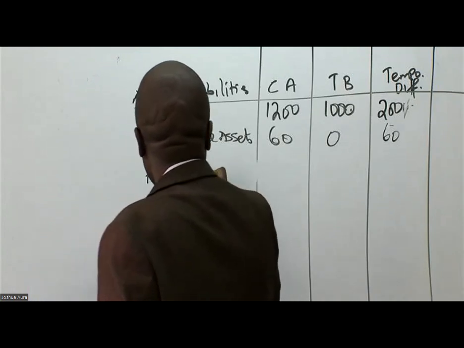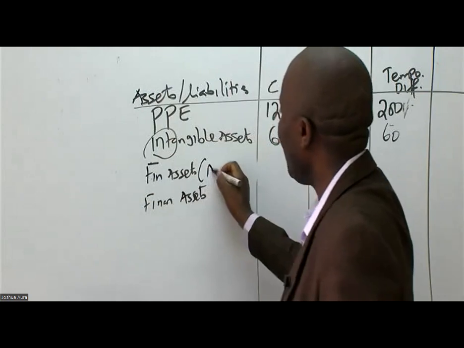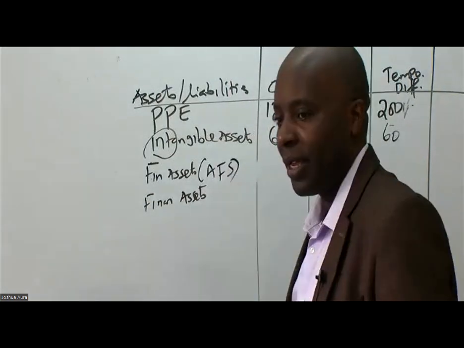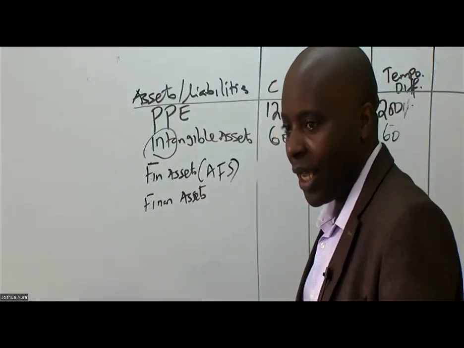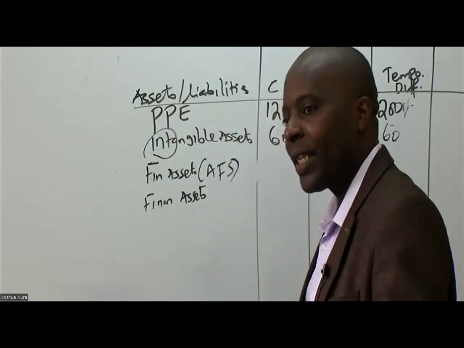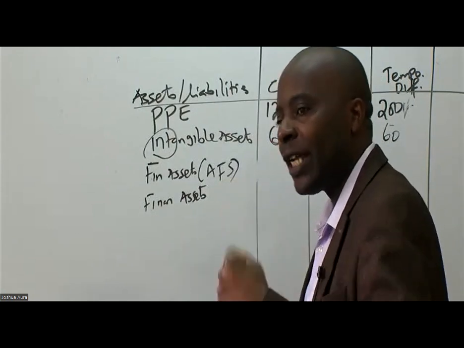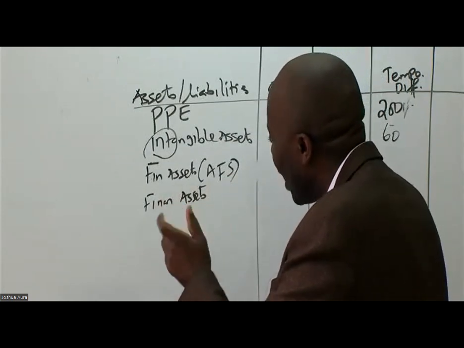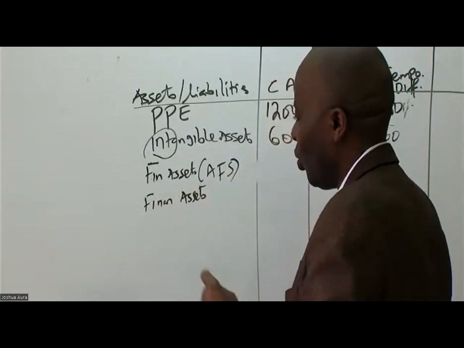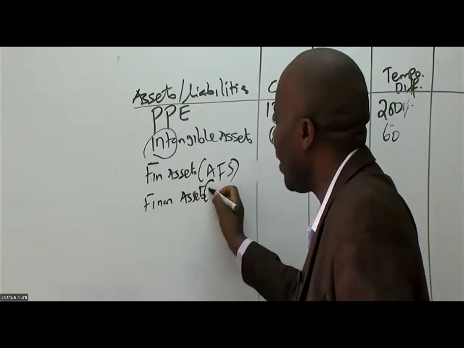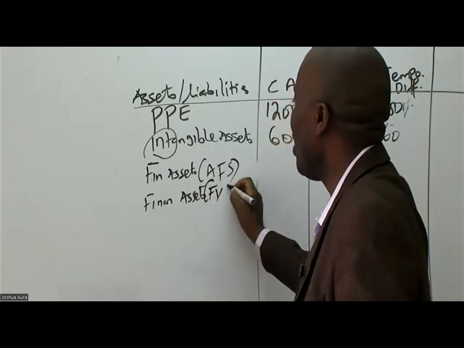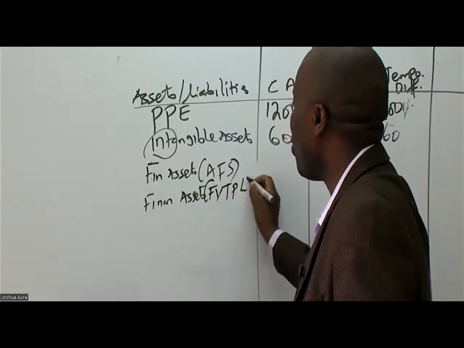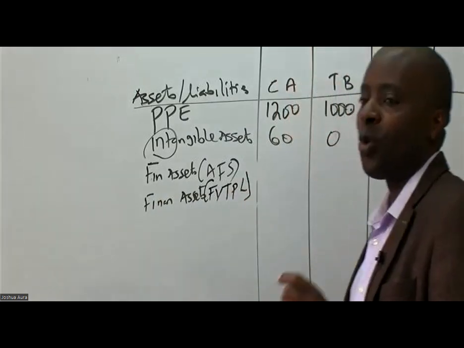We have financial assets that are available for sale. And then we have financial assets which are short-term in nature, whenever we revalue them, we basically take the excess values to the profit and loss. So in this case, their fair valuation goes through profit or loss.